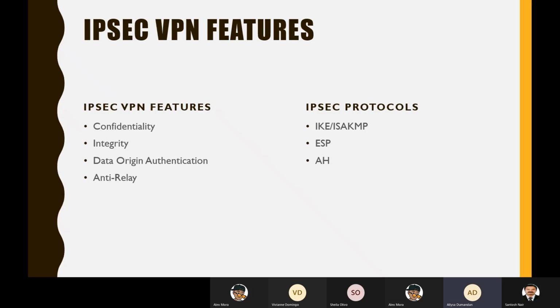And then we have data authentication. For authenticating between two sites, we use an authentication method. We can use a certificate, or a pre-shared key for authentication. If it is a remote access VPN, we have multi-factor authentication also, to ensure that the user is the user whom we want to provide the access.